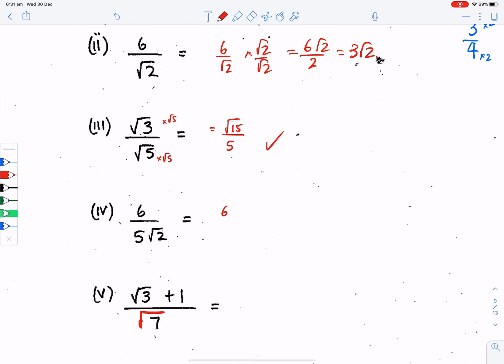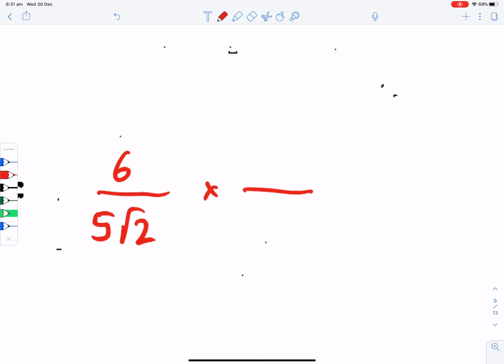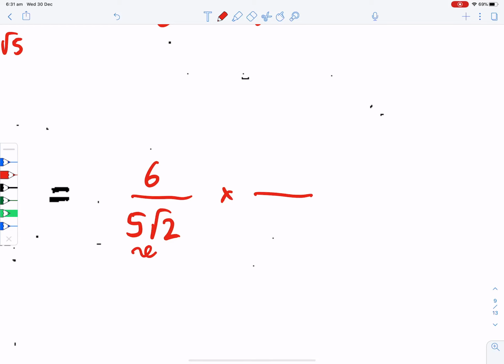The next one, you've got 6 over 5 root 2. A lot of students get this wrong. Well, they end up with the right answer, but they approach it wrong. When you've got 6 over 5 root 2, to make this denominator rational, all you have to multiply by is root 2, because 5 root 2 times root 2 is 5 times 2, which is 10, and that's rational.